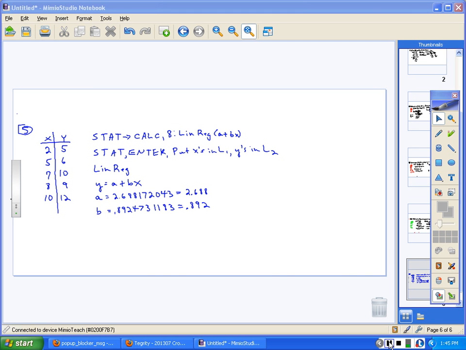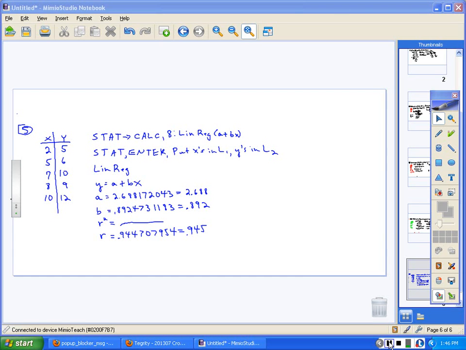And some of you might not have this, but I'll explain how to get it in a minute. Underneath that, it says r squared is equal to some number, but we don't really care. And then it says r is equal to 0.944707954, which we're going to round to 0.945.